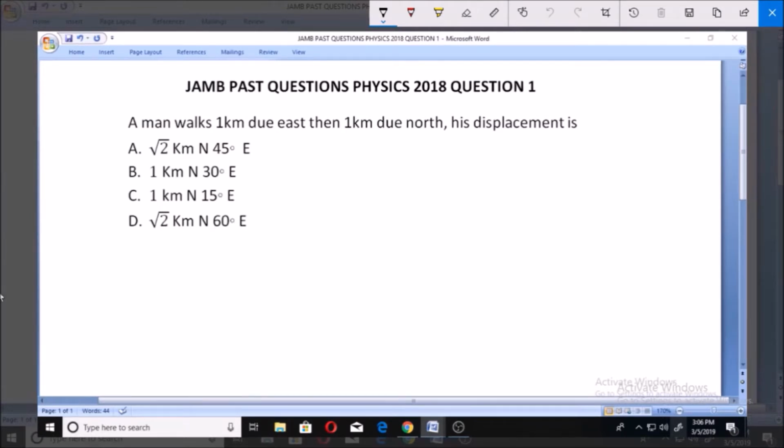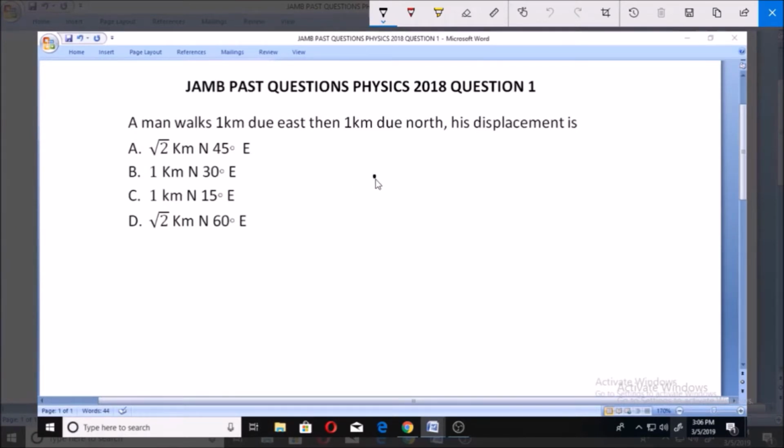So how do we go about solving this? For us to be able to solve this, we need to first of all identify where the man is walking from, because from the question we have a man walks 1 kilometer due east.